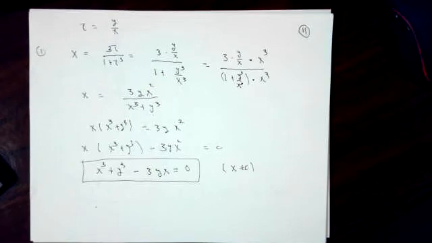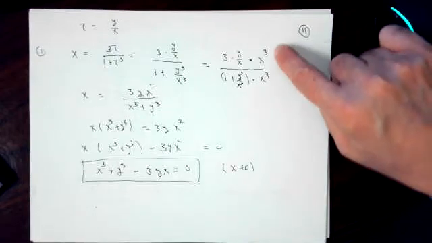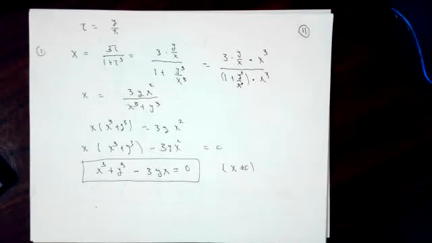x is 3t over 1 plus t cubed. Every place I see the letter t, I'm going to write down y divided by x instead. Once I've done that, I'll multiply the top and bottom of the fraction by x cubed. By doing that, I'm going to clear out all the fractions.